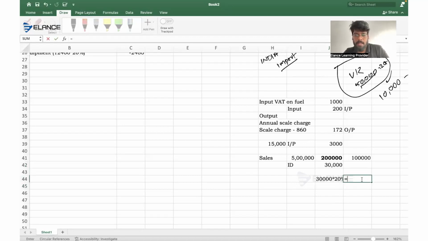HMRC will give a refund on this 6,000 because I did not collect that amount, but I already paid the output VAT on it. So HMRC will give a refund on the VAT of those sales. So it is called impairment loss relief, irrecoverable debt relief. Okay, so there is one condition.